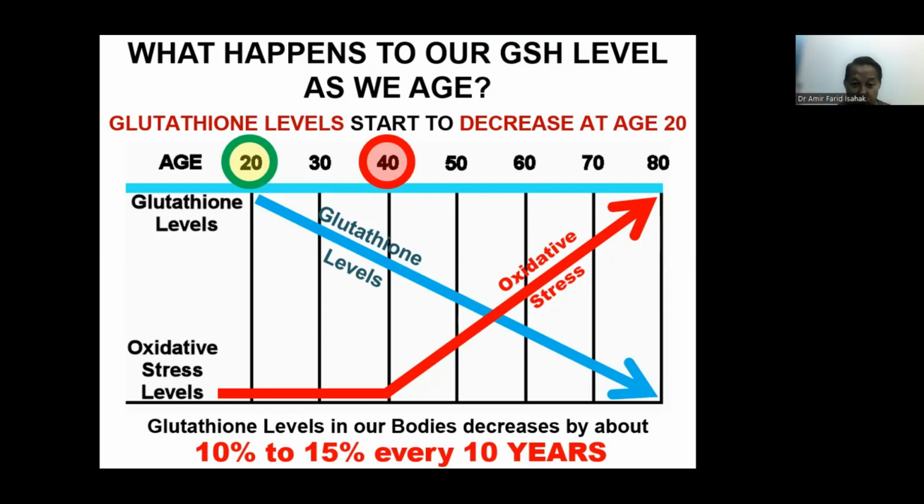So what do we do? How do we try to prevent the decline of glutathione from adversely affecting our health? Fortunately, scientists have discovered it is possible to restore the levels of glutathione by taking glutathione precursors that can reboot the glutathione production system.